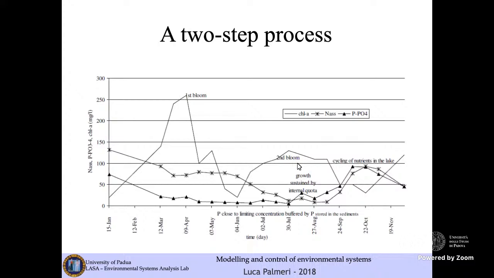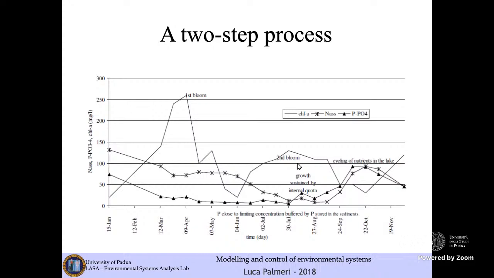What happens in real living organisms is that in conditions of large quantities of nutrients, these bacteria do what is called luxury uptake. So they take up a lot more nutrients than they need for growth.